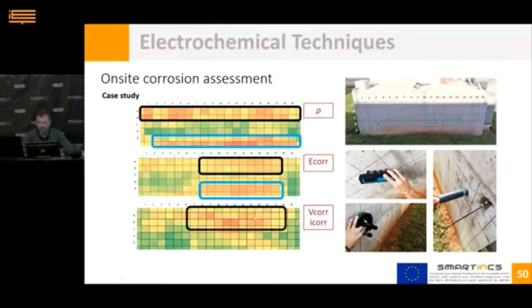These results are consistent with the exposure conditions, since the lower zone presents a higher risk due to the fact that it has higher humidity because of its proximity to the ground, obviously. However, so far there are no aggressive ions that trigger corrosion, as we can see in the corrosion rate map.